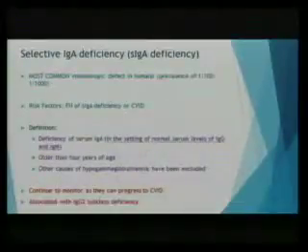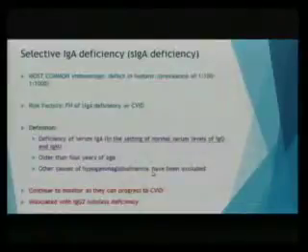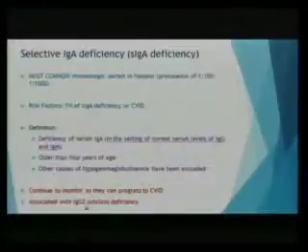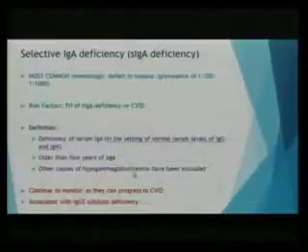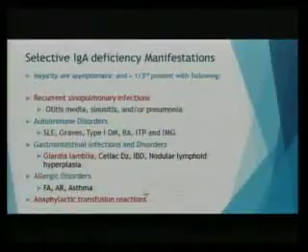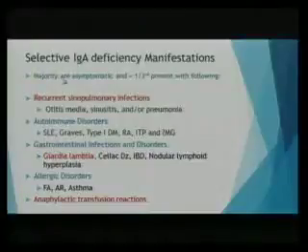The big key with selective IgA is that some of these patients can progress to CVID, the more severe form. So you monitor them for that, because CVID can lead to more detrimental manifestations. It has also been associated with IgG2 subclass deficiency. Most of these patients don't walk around undiagnosed because they're asymptomatic, and only a third of them actually present with any manifestations.